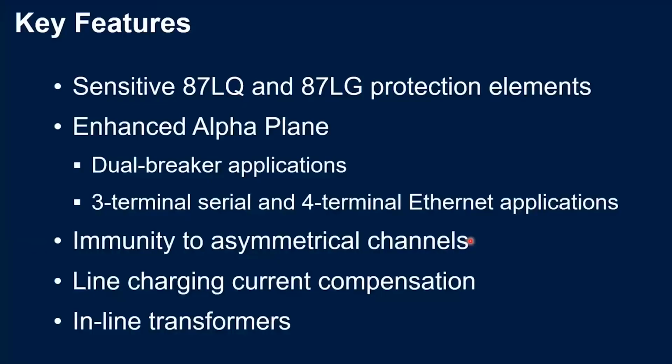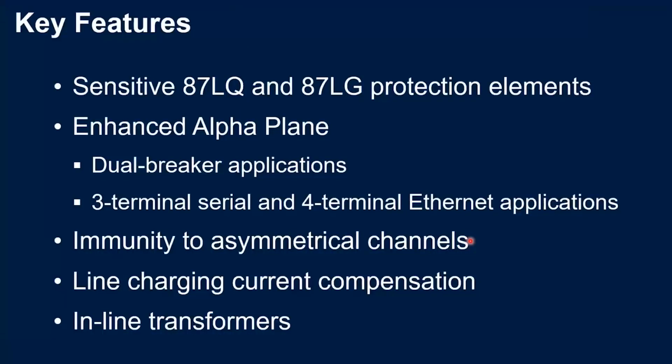Let's see a summary of the key features of the line differential with the alpha plane. We have the sensitive negative sequence and zero sequence protection elements. We have an enhanced alpha plane with dual breaker application for 3 terminals with serial communication and up to 4 terminals if we use Ethernet communications. We saw that it's immune to asymmetrical channels.